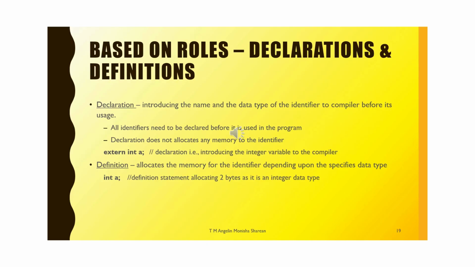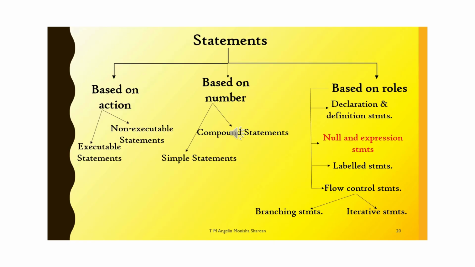If you want to introduce a variable to the compiler, you have to use the keyword extern, which will not allocate any memory for the variable. Whereas for a definition, you can just write the data type followed by the identifier, for example int a. So a is an integer data type, for which the compiler will allocate 2 bytes.